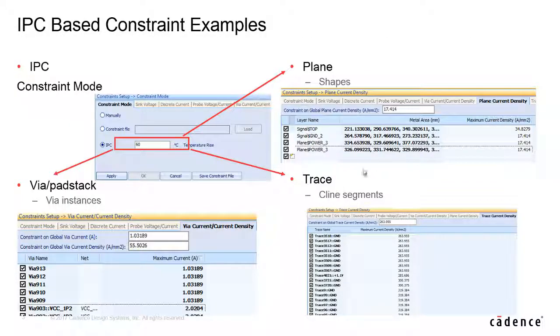Using IPC standards, starting with just an allowed temperature rise, you can generate via, plane, and trace constraints. For each type of object, we have global constraints set for worst case value, the most restricted your constraints could need to be. But you can override global constraints for each instance to avoid wasting time and resources meeting what are overly restrictive constraints for some situations.